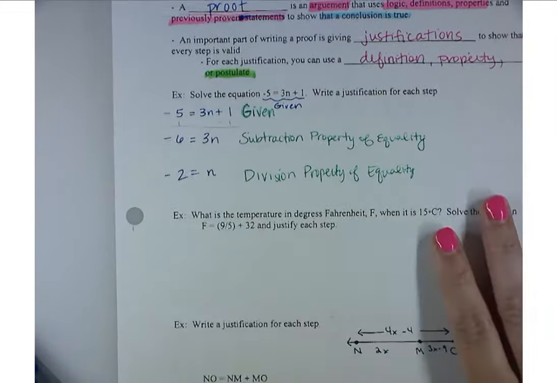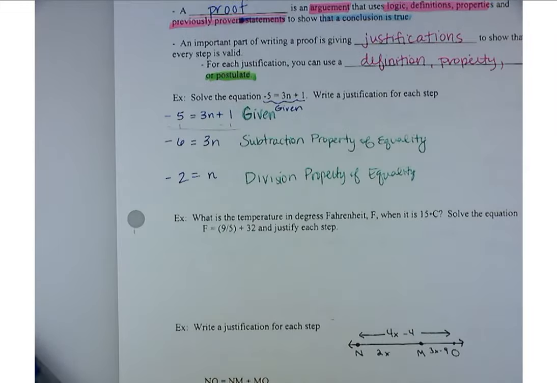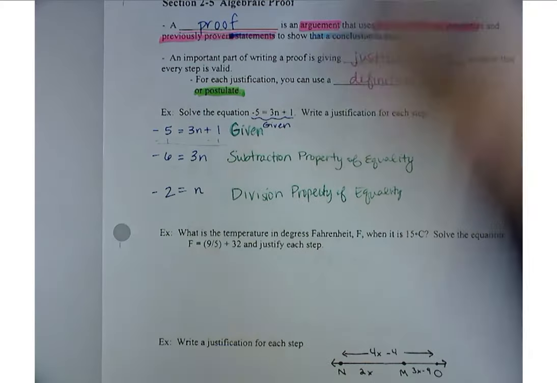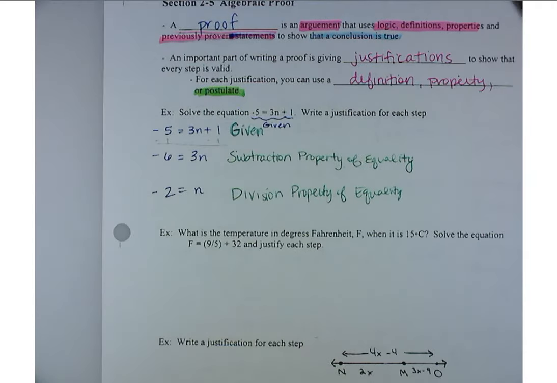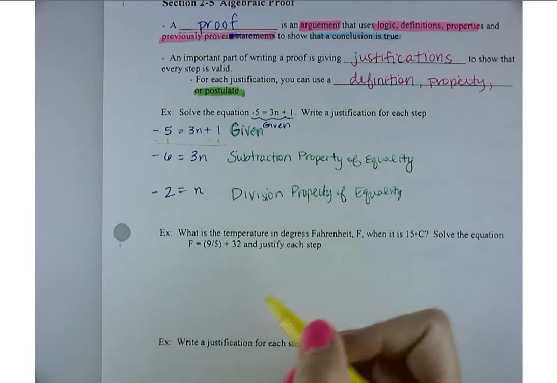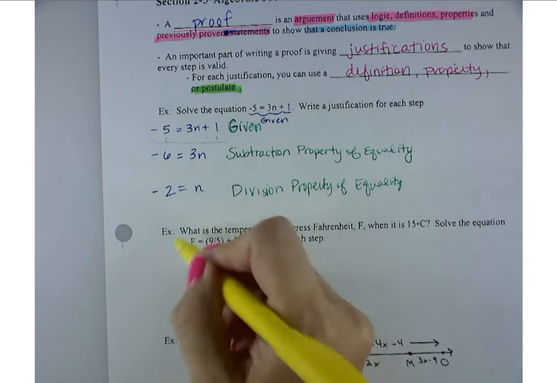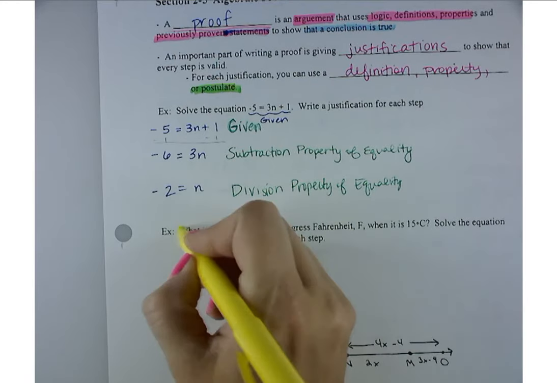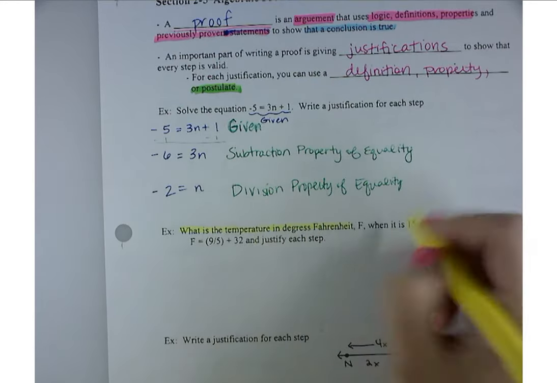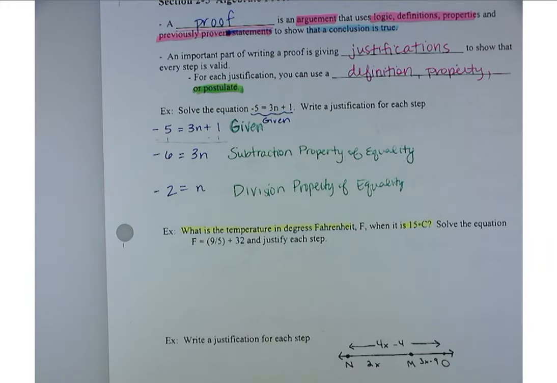Okay, and then the next example, it says, what is the temperature in degrees Fahrenheit when it is 15 degrees Celsius? Solve the equation with the given formula and justify each step. So what we have to do is find the temperature in degrees Fahrenheit when it's 15 degrees Celsius.